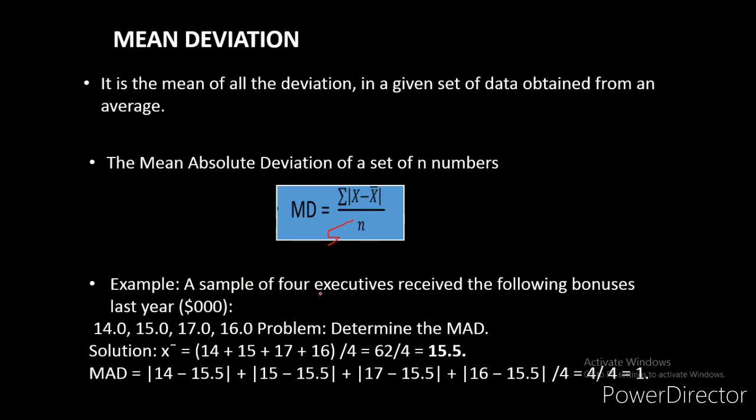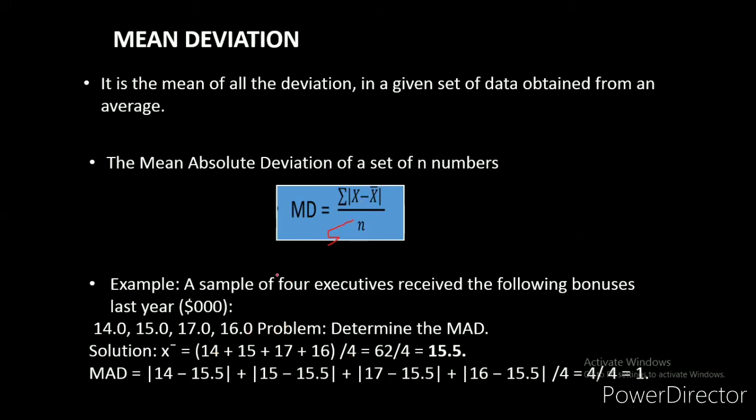For example, four consecutive years' bonuses are 14, 15, 17 and 16 dollars. Now determine the mean absolute deviation. First step is to determine the mean of all the observations. Mean is the sum of all the observations divided by the number of observations, so 62 divided by 4 is equal to 15.5.